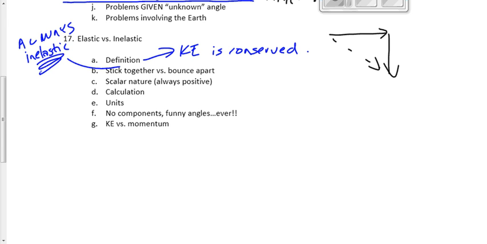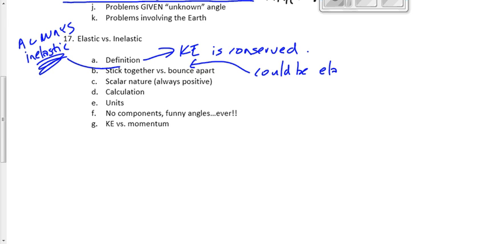If they bounce apart, it could be elastic, could be inelastic. Don't know. When we see a question, we hope for them to stick together, because then we have a definitive answer without doing any calculations. If they stick together, it must be inelastic. If they bounce apart, it's probably still inelastic, but it could be elastic.